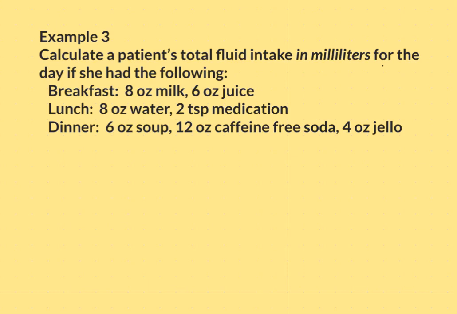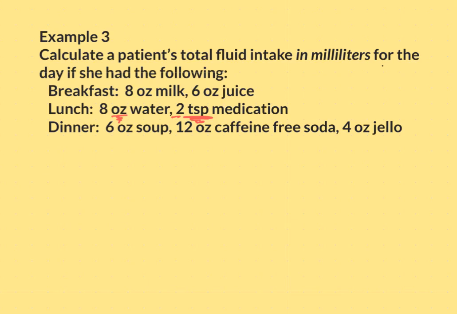Here's another example. We're going to be calculating volumes this time. We need the patient's total fluid intake for a day if she had the following. So we need to find some way to add up all of these, even though we have ounces here, we have teaspoons here. Those look like the 2 different units in this problem.